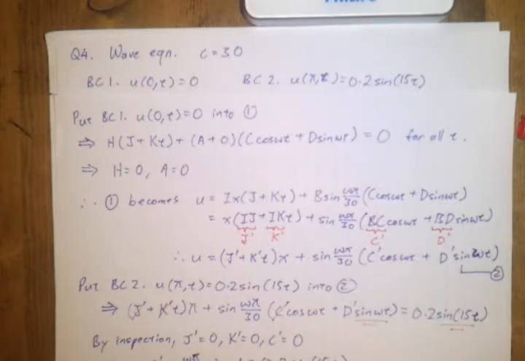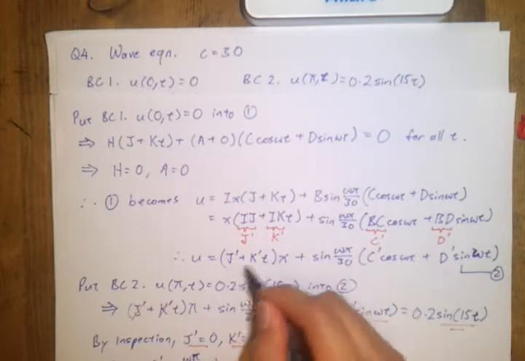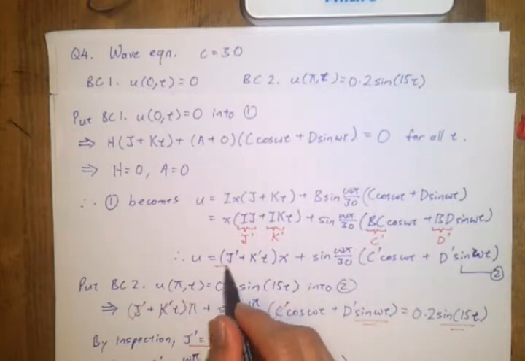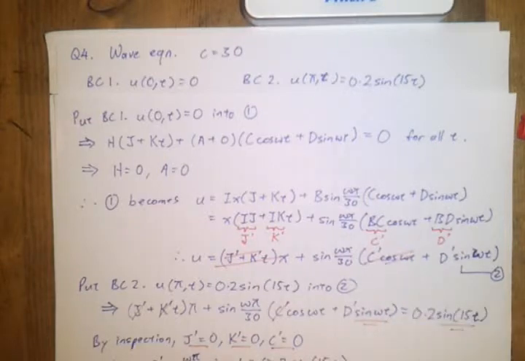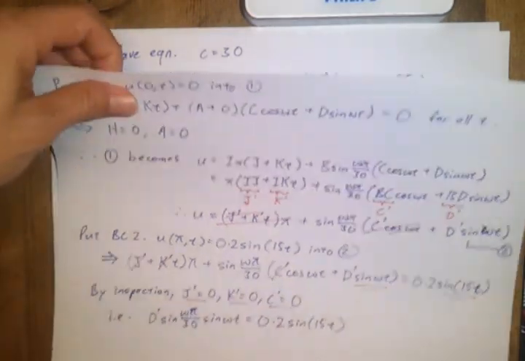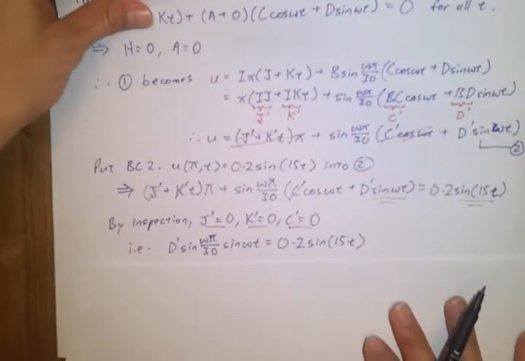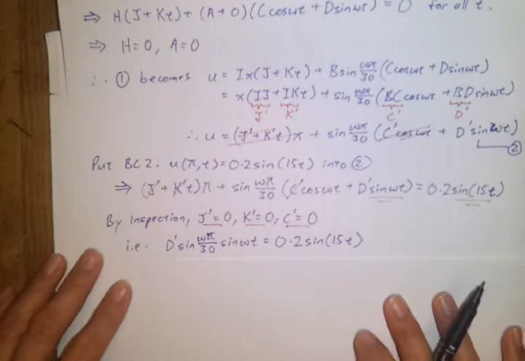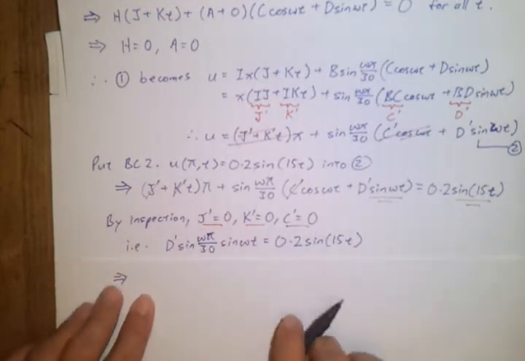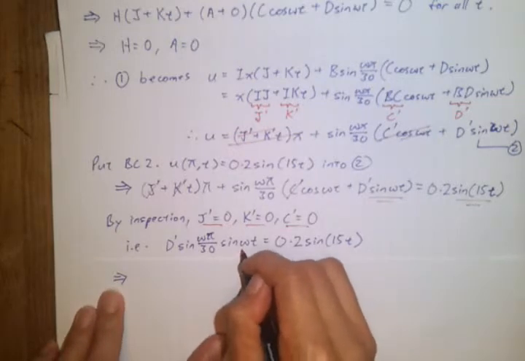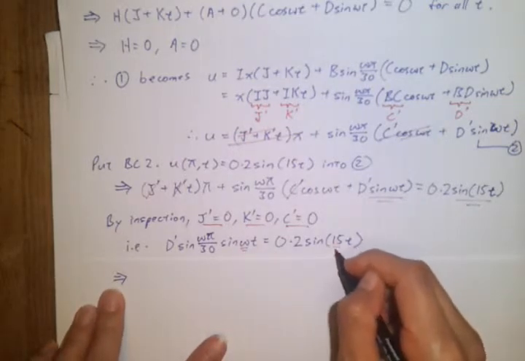So again, you can update your solution: j prime 0, k prime 0, c prime 0. So this term is gone, and this term is gone. To carry on from here, you can tell that omega has to be equal to 15.